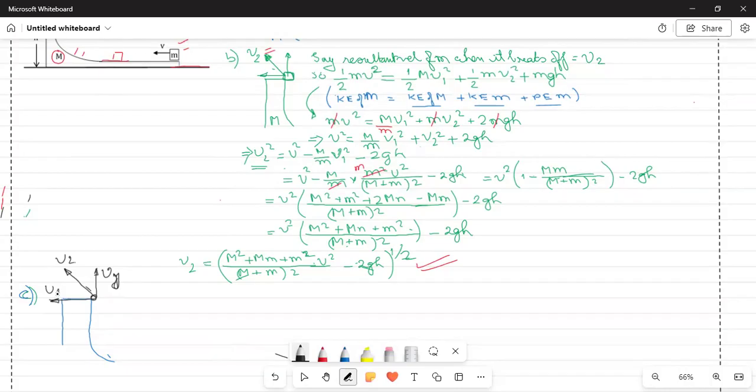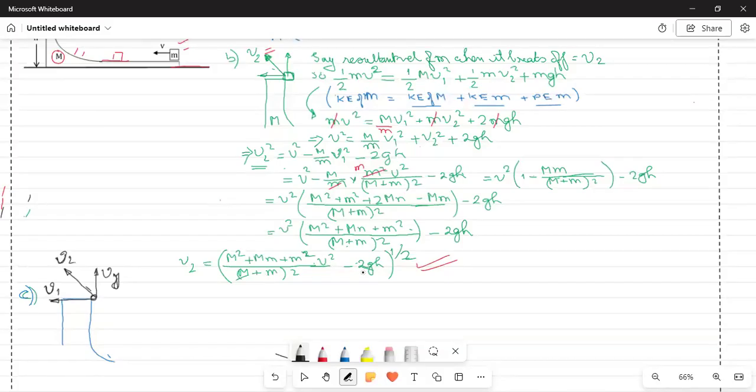I repeat once again, when the body just detaches from the bigger body, its horizontal velocity at that instant is, of course, the combined velocity V1 that we have already deduced. And it has a vertical velocity Vy, and their resultant velocity is V2.